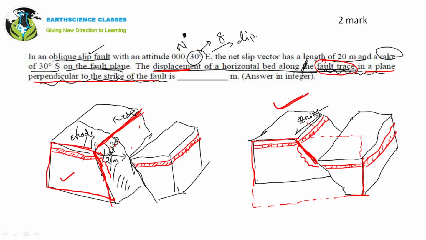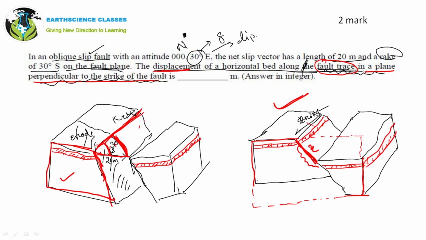This is the net slip which is 20 meter and it is 30 degree, and what it is asking about is this distance x.